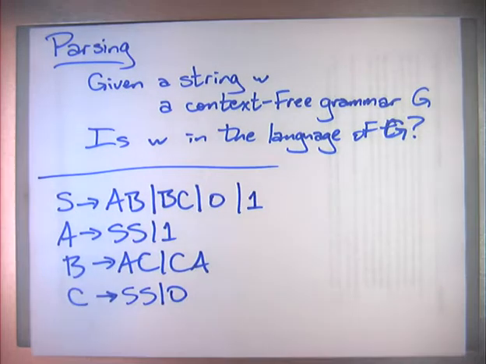It doesn't represent anything. Well, it represents some language. I just don't know what the language is. So just to remind you what the syntax here is, the capital letters are what are referred to as non-terminals. They represent sets of strings.